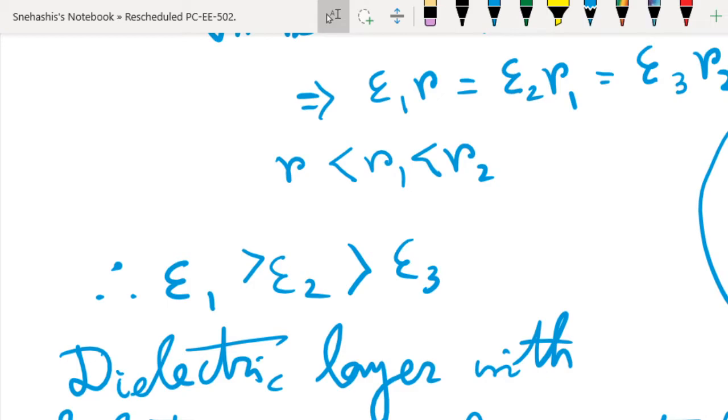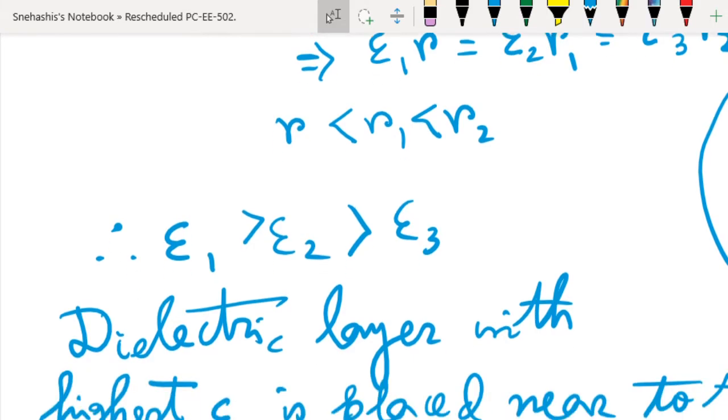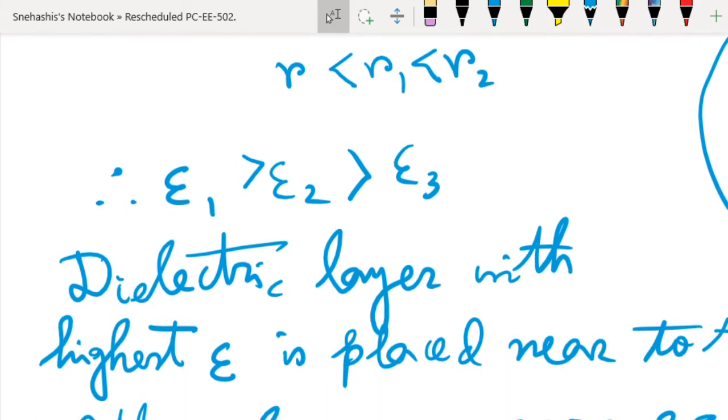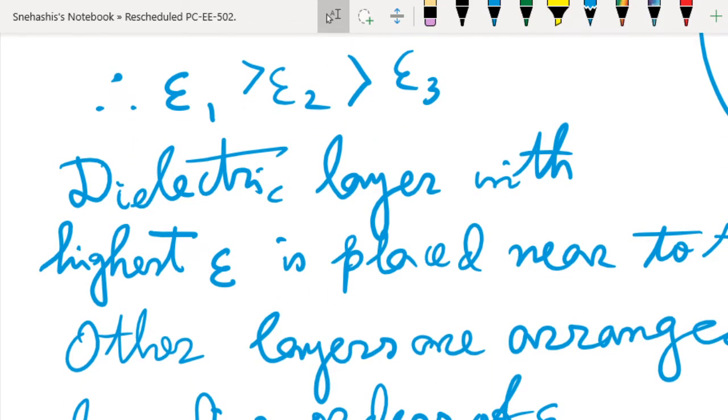Epsilon 1 R1 product will be equal to epsilon 2 R1 product, and this will be epsilon 3 R2 product. So the capacitance grading voltage distribution will be more or less similar. Okay, so the distribution of voltage using capacitance grading is given here.